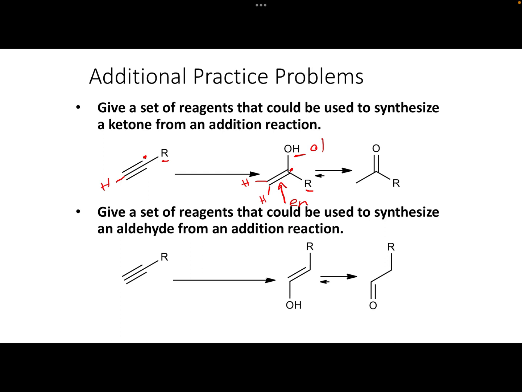In order to do that, we have this mercury-catalyzed hydration reaction that we can do with basically our acidic solutions. So we see HgSO4 being used as a catalyst. It's still following Markovnikov's rules and adding the alcohol onto the more substituted side. And this enol, we know we can see it tautomerize into the ketone.